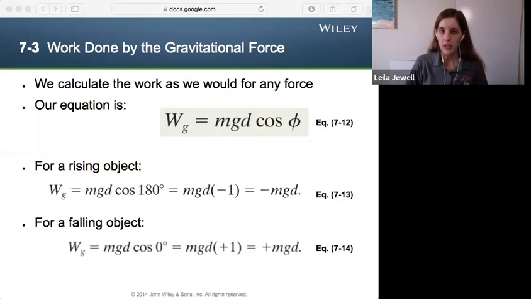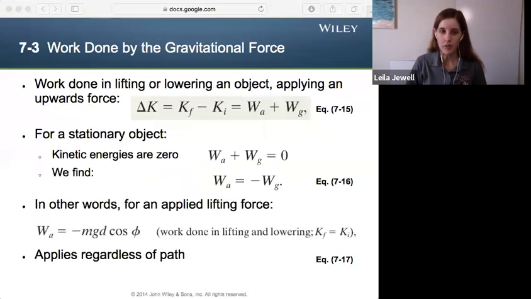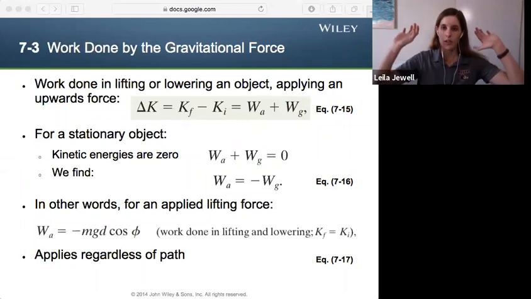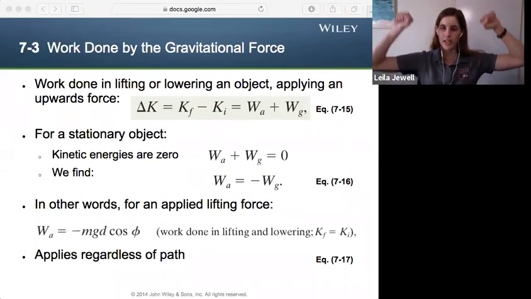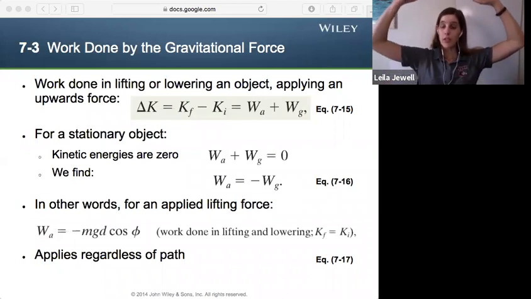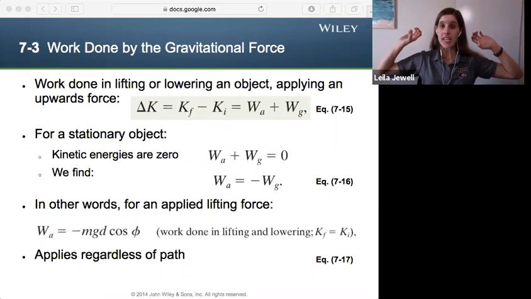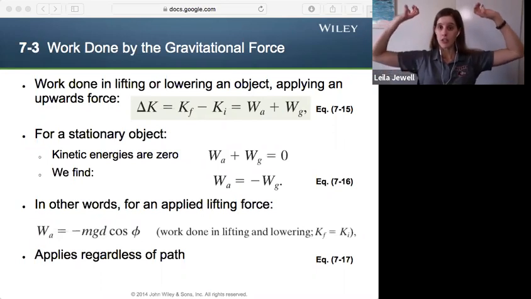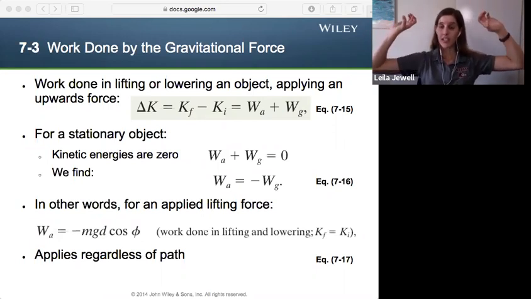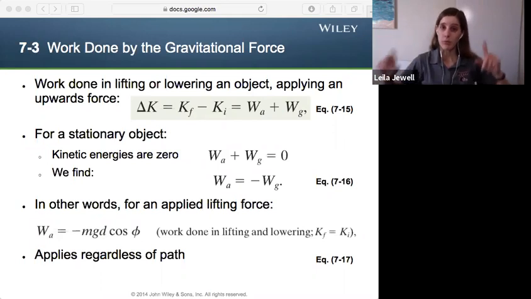All right, now we could also think for a moment, not just of tossing a ball, but what if we're lifting or lowering an object, right? Well, either way, you can imagine we're weightlifting here. Throughout the motion, we are going to be supporting that bar, right? Keeping it from falling and crushing us. So even when we're raising it and when we're lowering it, we're applying an upward force to the object.